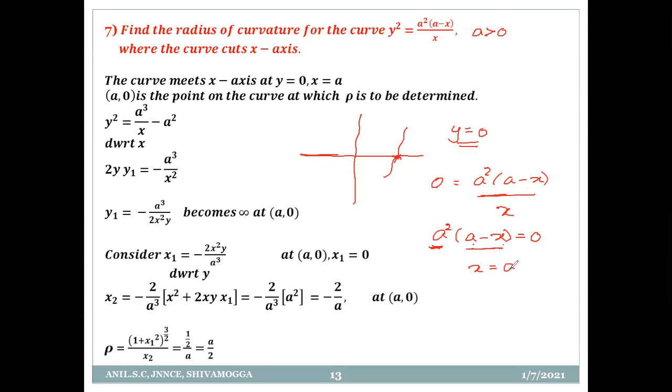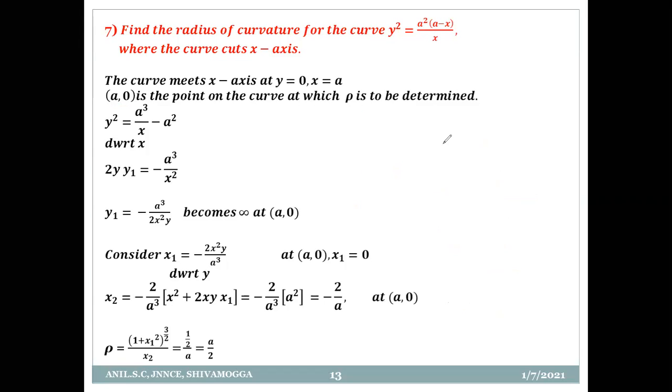Therefore, x is equal to a. Therefore, the ordered pair x comma y: x is a and y is 0. This is the point at which rho is to be determined. A comma 0 is the point on the curve at which we find rho. This is the point. Next, we find the derivatives.